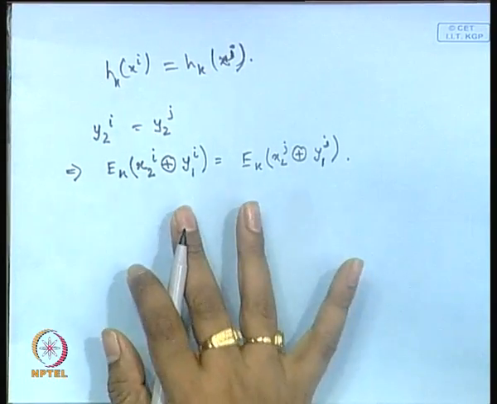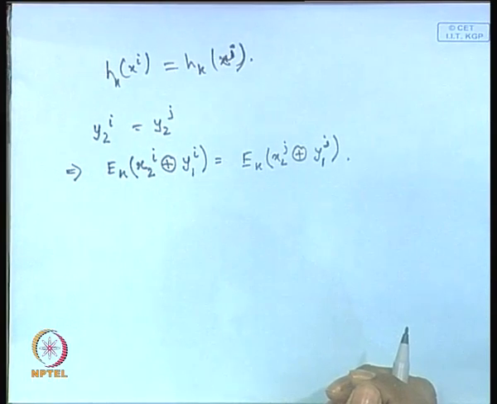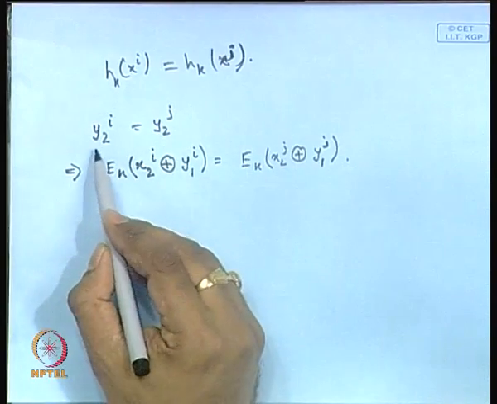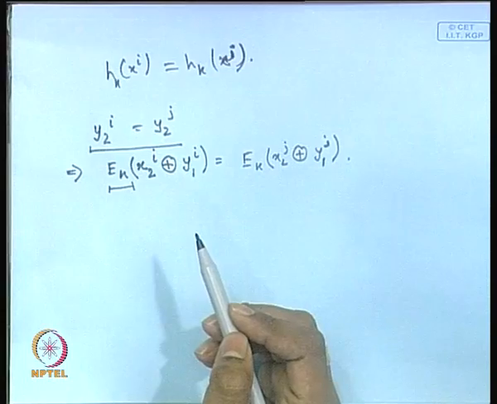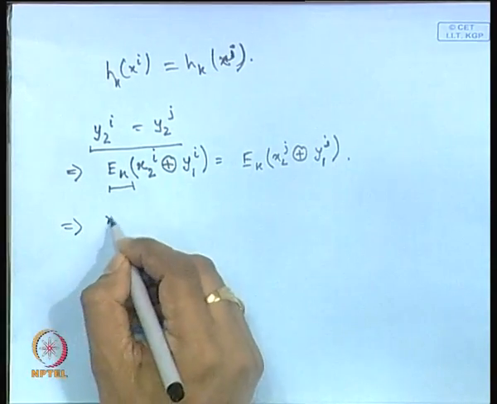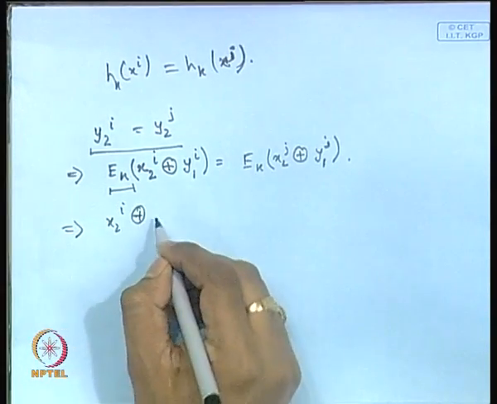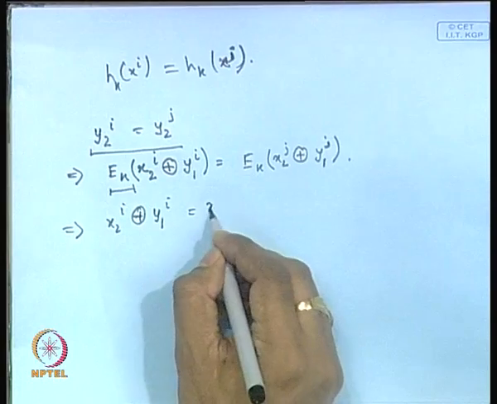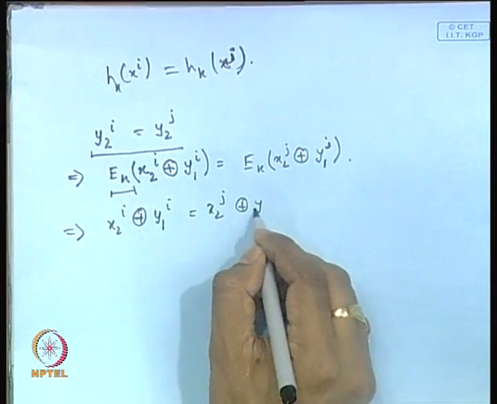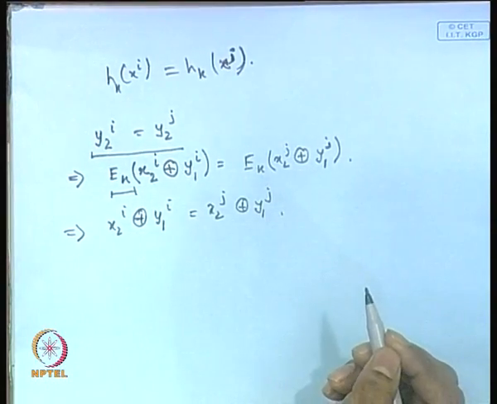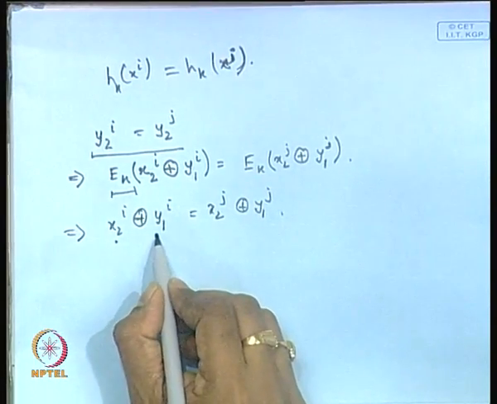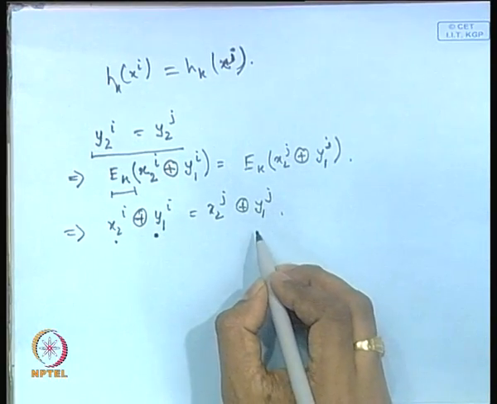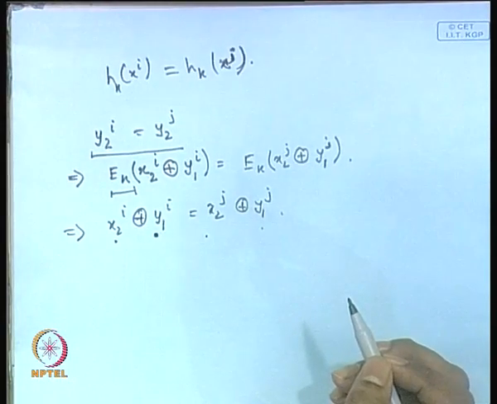Right. So, these two values are same. Since your ek function is an invertible function, it indicates that x2i XORed with y1i is equal to x2j XORed with y1j, right. So, that means x2i XORed with y1i is actually equal to y1j XORed with x2j, right.